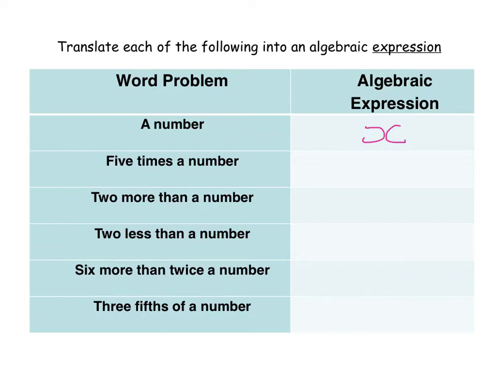5 times a number would simply just be 5 multiplied by x. We write a coefficient in front of a variable. That implies multiplication. 2 more than a number, we would need to add 2 to x.